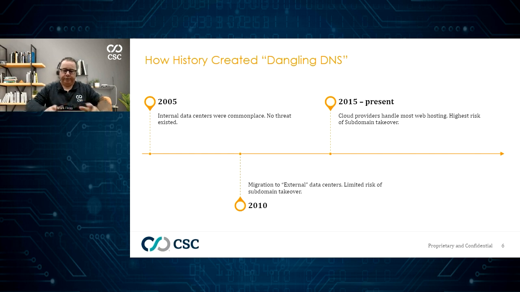I think the cloud providers that are out there do a terrific job at the web hosting, but they do operate like a retail organization, in that they are there to sell hosting packages amongst other services that they offer. So if I'm a cyber criminal and I want a host name, I go ask for it. If it's available, I can get it. And that means the subdomain takeover has occurred.